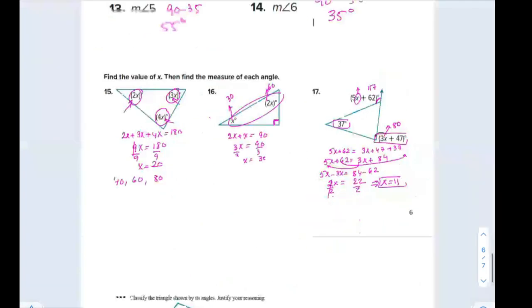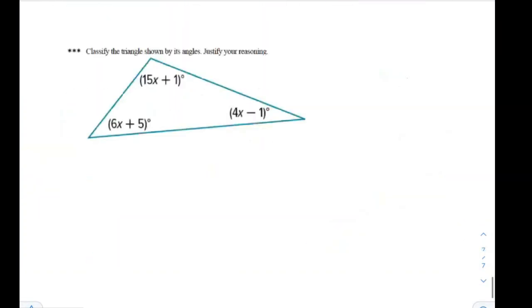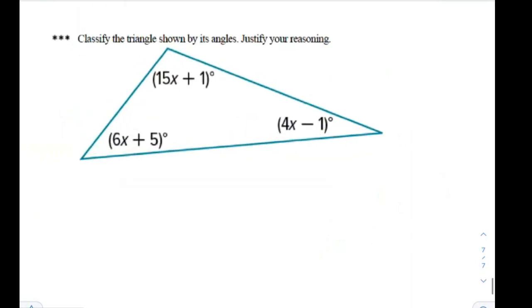This lesson is easy, by the way, and it combines all the lessons together. Last question. We want to classify the triangle shown by the angle. We want to see what is the type of this triangle, right, obtuse or acute. First, we need to solve for x to determine the measure of each angle. We know that all these angles are interior, so the sum is 180. This is the first, this is the second, plus the third one, all equal to 180.